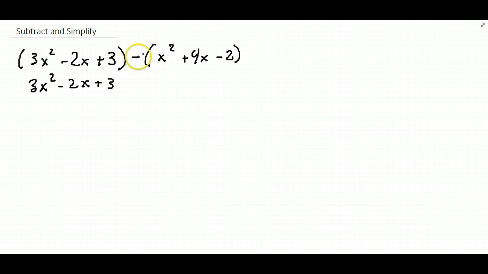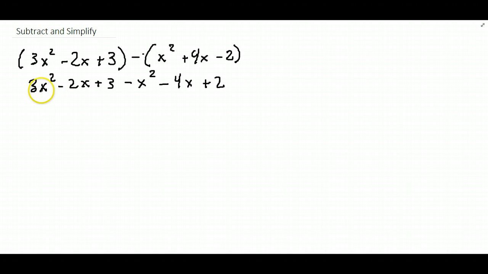So we have minus 1 times x squared, so we get minus x squared. Then minus 1 times our second term, which is plus 4x, so we get minus 4x. And the last one is minus 1 times negative 2, so we get a plus 2. Okay, so now we have 3x squared minus 2x plus 3 minus x squared minus 4x plus 2. So combining like terms. Using the commutative property, let's put all like terms together.